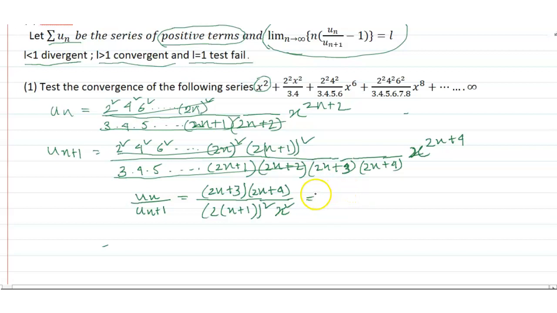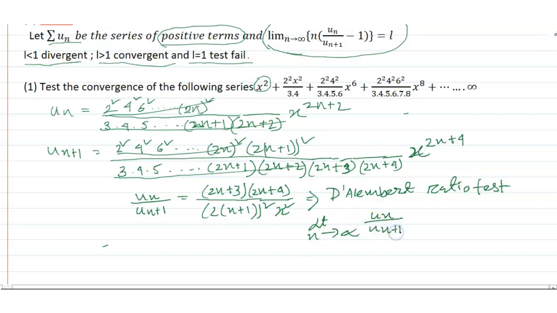If I use the D'Alembert ratio test, the limit as n tends to infinity of Un divided by Un plus 1 equals 1 by x squared, if I divide both sides by n squared.